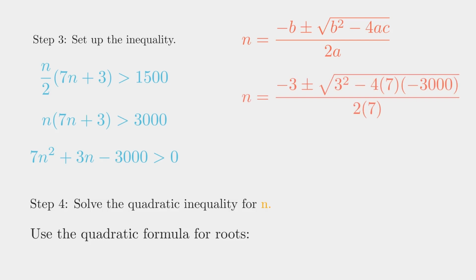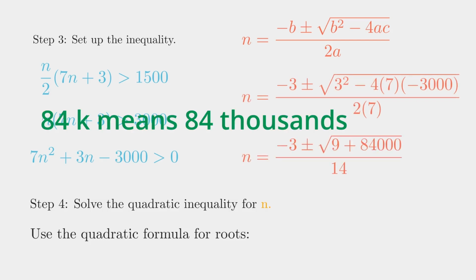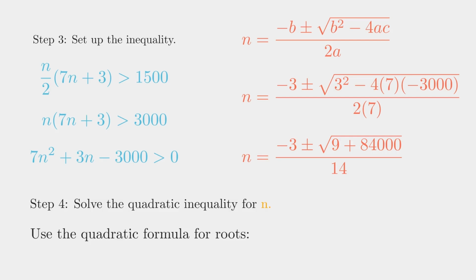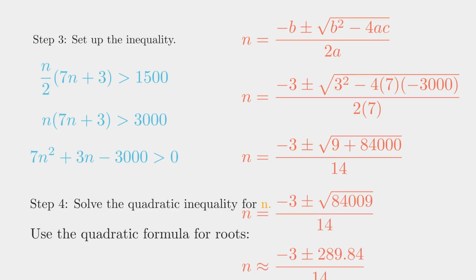This simplifies to negative 3 plus or minus the square root of 9 plus 84,000 divided by 14. So, n is equal to negative 3 plus or minus the square root of 84,009 divided by 14. The square root of 84,009 is approximately 289.84.